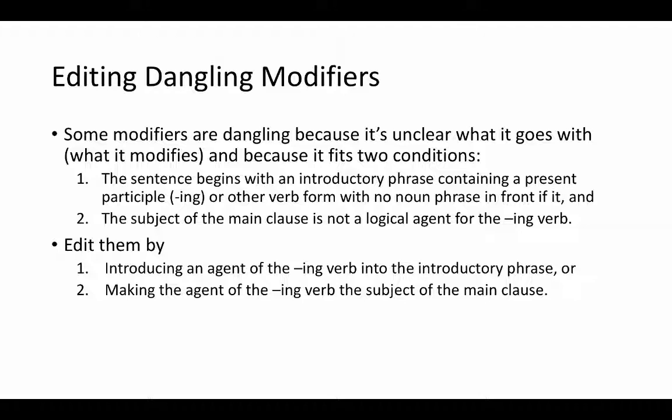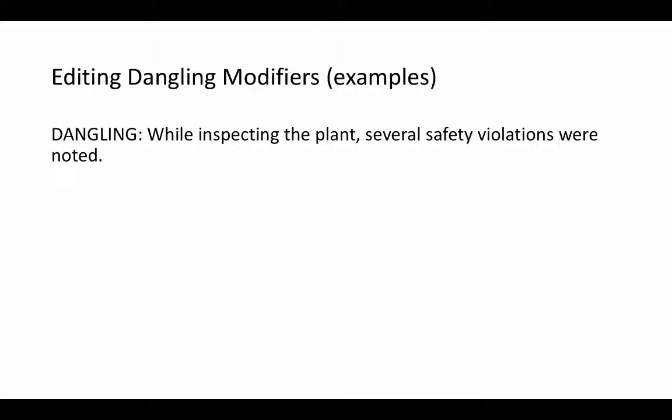Remember, a present participle is an ing verb, or it has some other verb form with no phrase in front of it. And the subject of the main clause is not logically the agent or doer of that verb. So, introduce an agent of that verb in the introductory phrase, or make the agent the subject of the main clause. Now, this is a little technical, I would imagine you thinking, so let's look at examples.